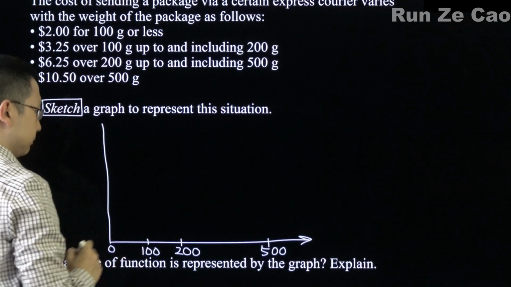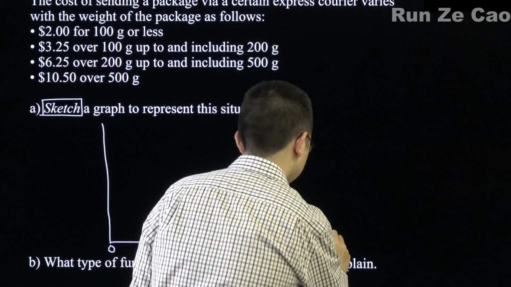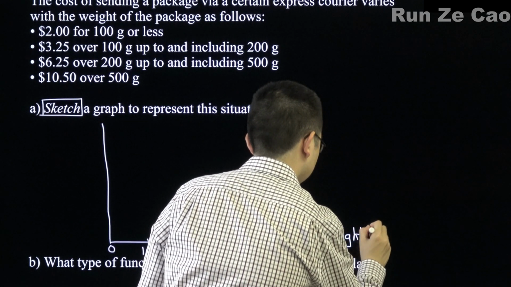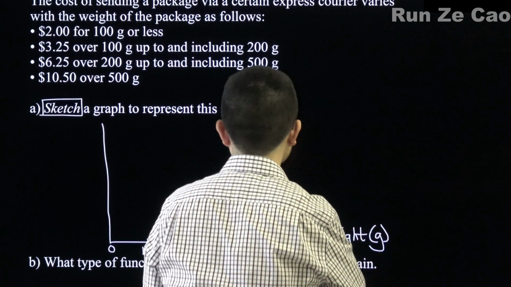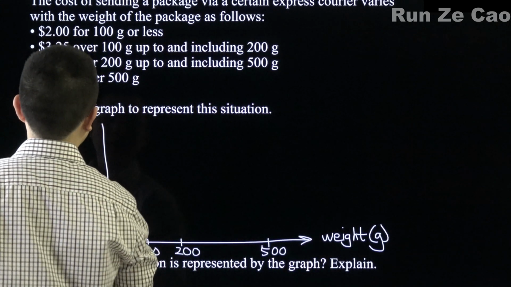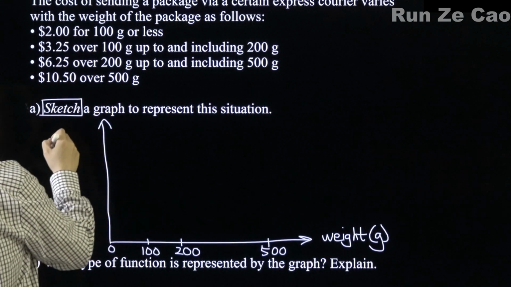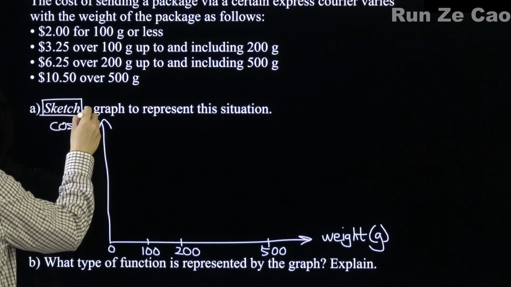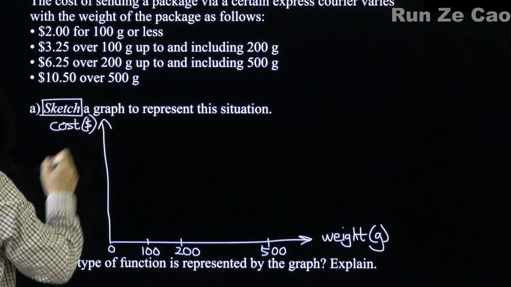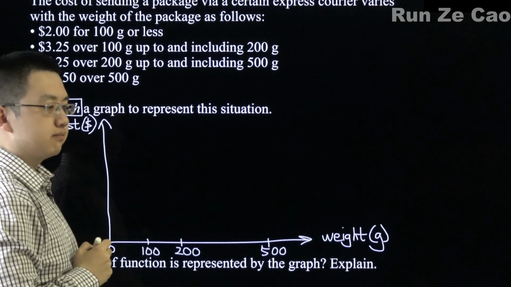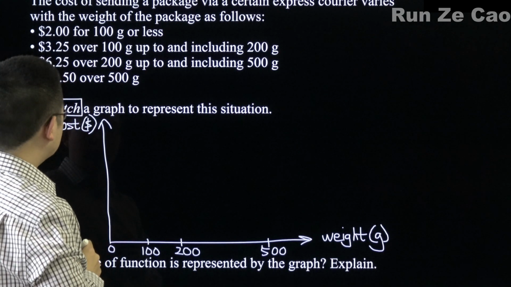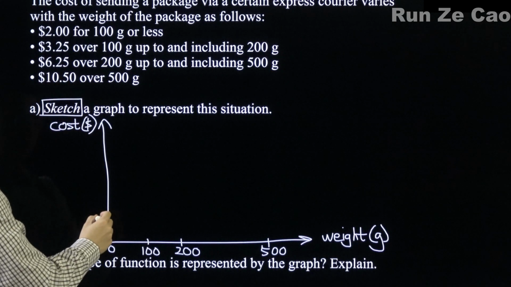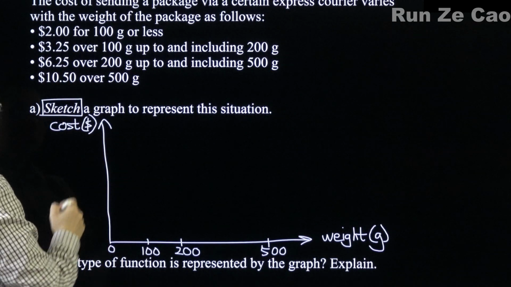And this is 0. This is weight in grams. And this is cost in dollars. Always label your axes. So for 100 grams or less, it's $2, but we need to scale this thing for 10, a little bit over 10.